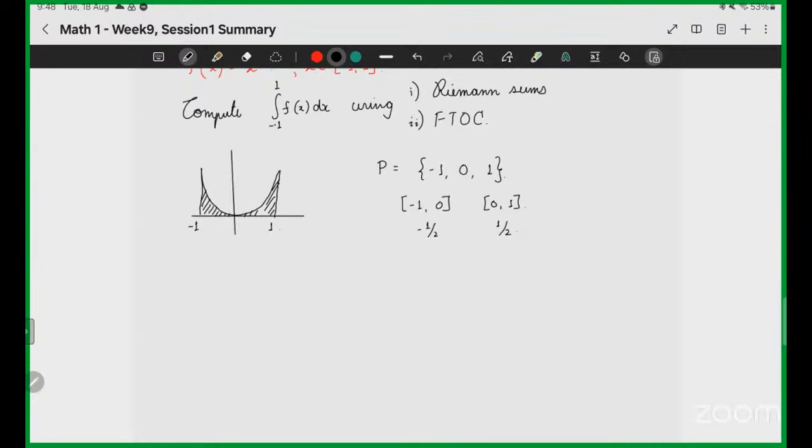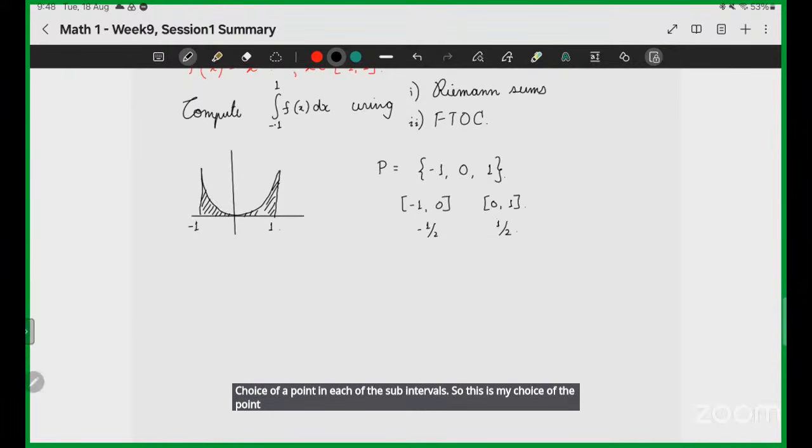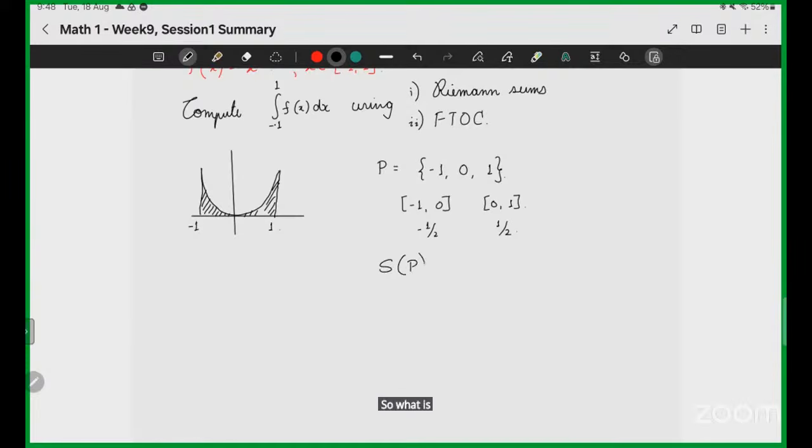You will see that this process becomes very tedious very quickly, because in order to compute the Riemann sum, I need a partition as well as a choice of a point in each of the subintervals. So this is my choice of the point in both subintervals. So what is the Riemann sum with respect to this data? For the first interval, I have f of xi star, my chosen point xi star is minus half, times the length of the interval.